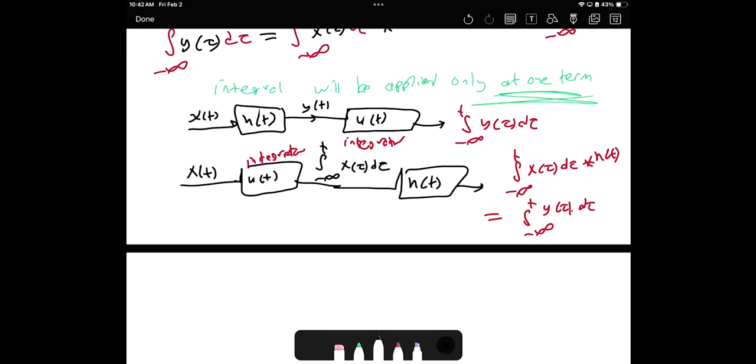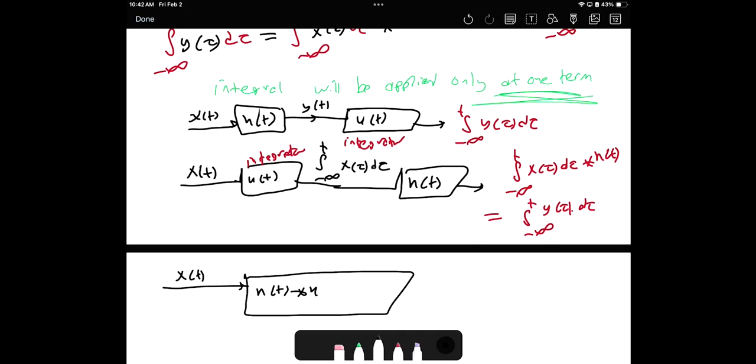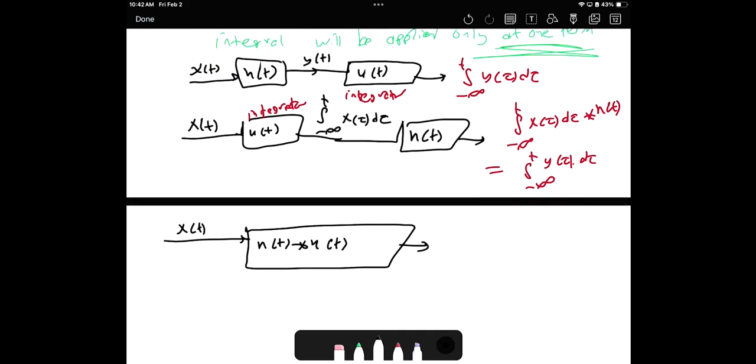And the other scenario, whenever you have x of t, then h of t convolved with an integrator, this makes the output x of t convolved with the integral, because this is equal to the integral from negative infinity to t of h of tau d tau.